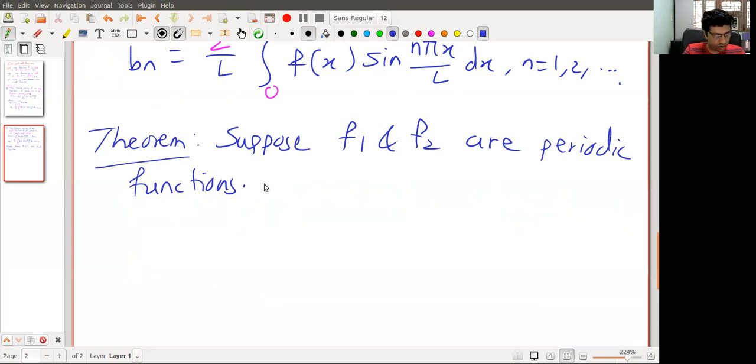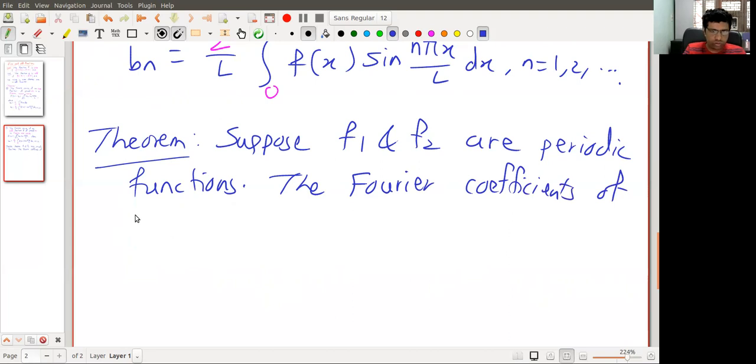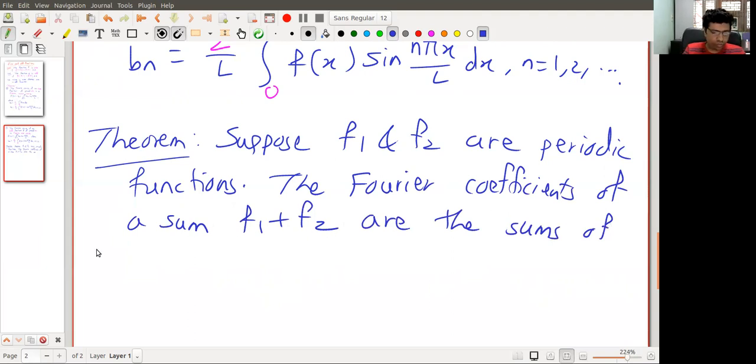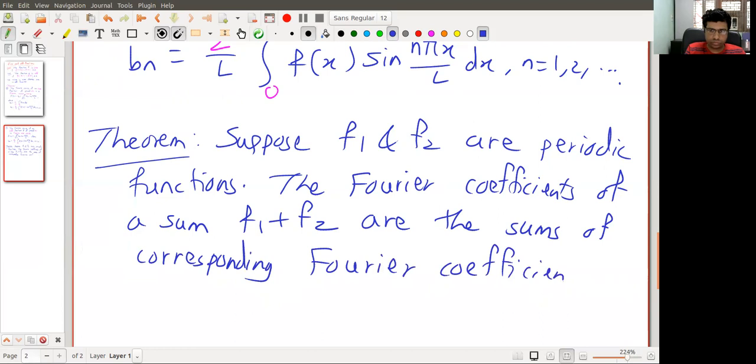The Fourier coefficients of a sum f1 plus f2 are the sums of corresponding Fourier coefficients of f1 and f2.